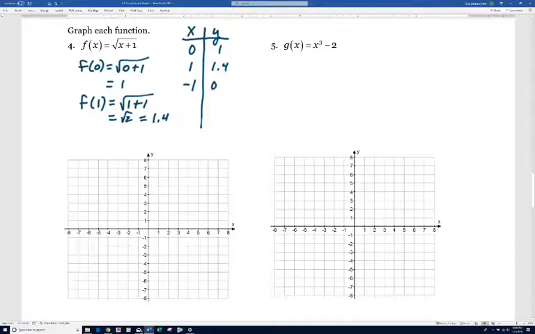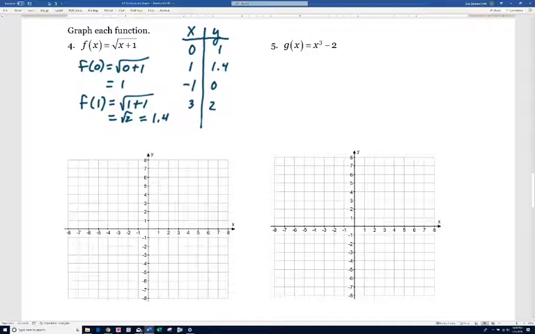That would be 0. So negative 1, 0 is a nice point. Notice if I plugged in 2, I would get the square root of 2 plus 1. That's square root of 3. And again, 3 is not a perfect square, so let's try a different choice. How about if x is 3? The square root of 3 plus 1 would be the square root of 4, and you would get 2.